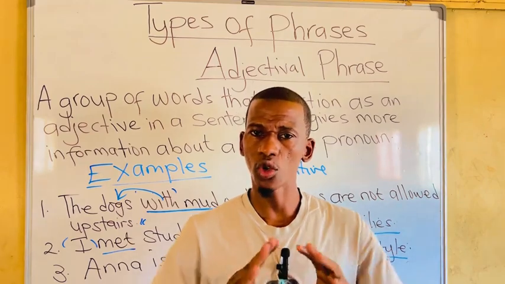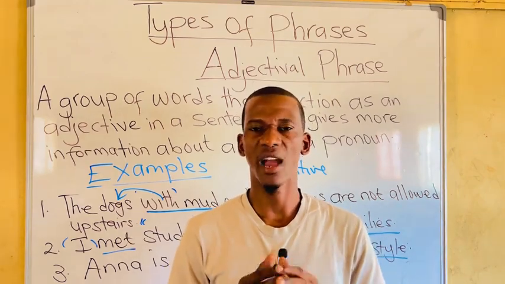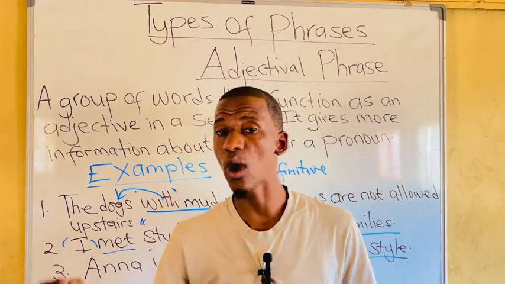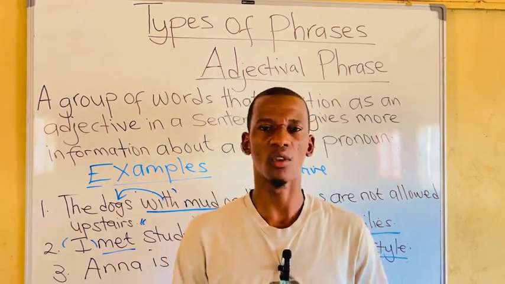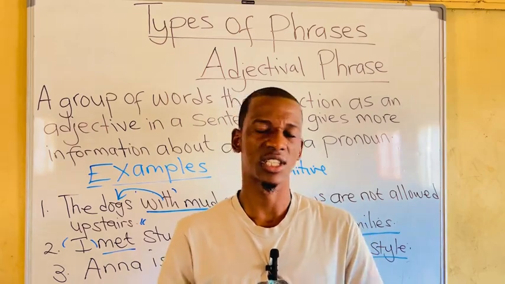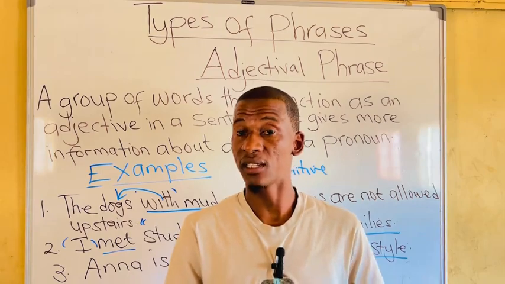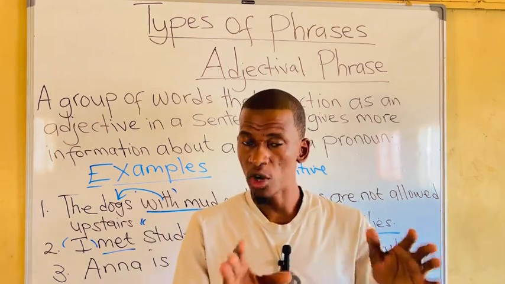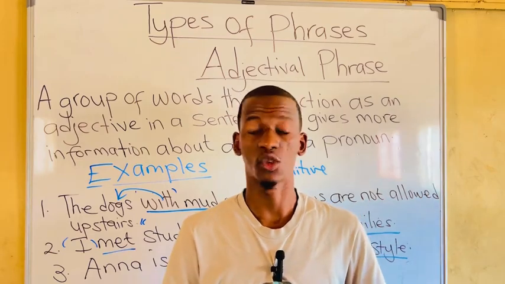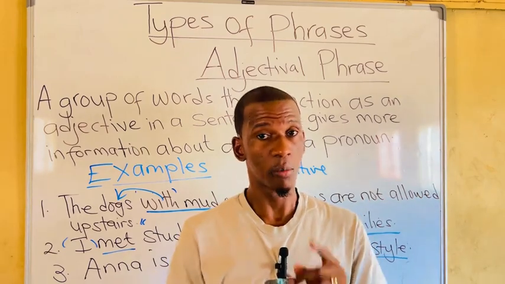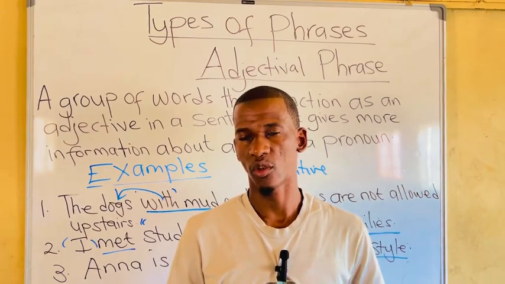They are a group of words that modify, qualify, or describe either a noun or a pronoun. Basically a noun, but sometimes they do also describe a pronoun. If the pronoun is the one that the group of words is modifying or describing, then we can consider it to be an adjectival phrase, because adjectives also modify pronouns.